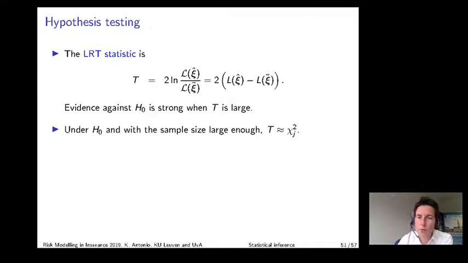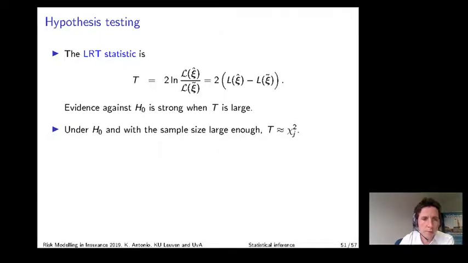So under the null hypothesis, and with the sample size large enough, the test statistic follows a chi-square distribution with j degrees of freedom, where j is the difference in the number of parameters used by the full and the restricted model.